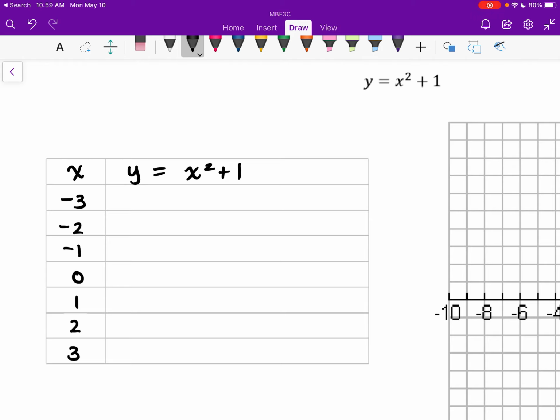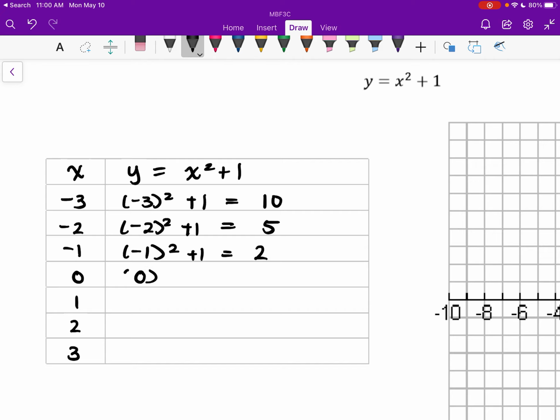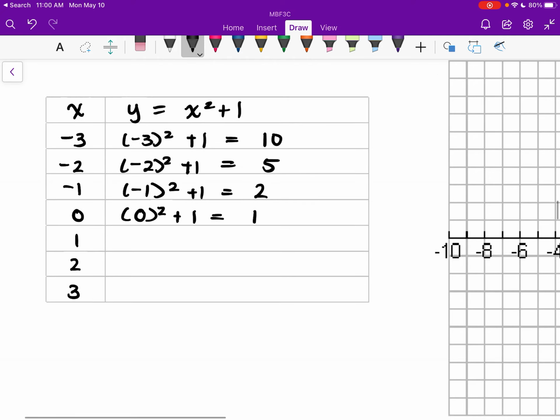So I'm going to say, okay, y equals -3 squared plus 1, which is 9 plus 1, 10. -2 squared plus 1, which is 4 plus 1, 5, right? -1 squared plus 1, which is 1 plus 1, 2. 0 squared plus 1, which is 1. 1 squared plus 1, 2.